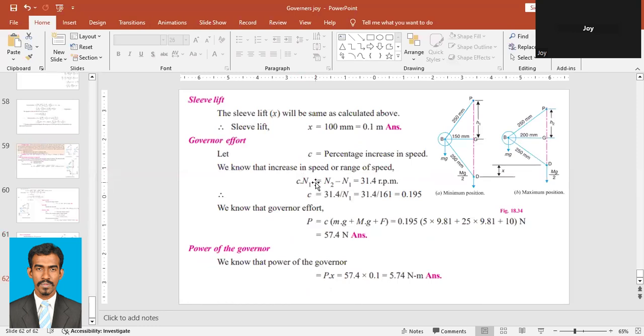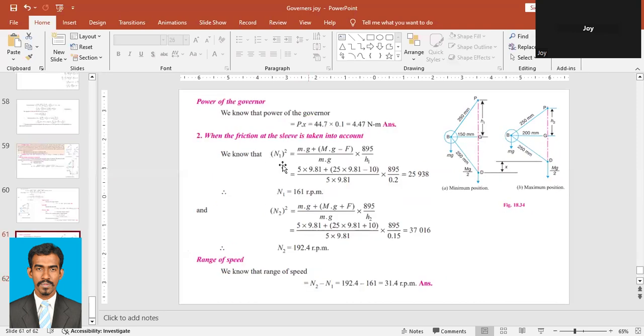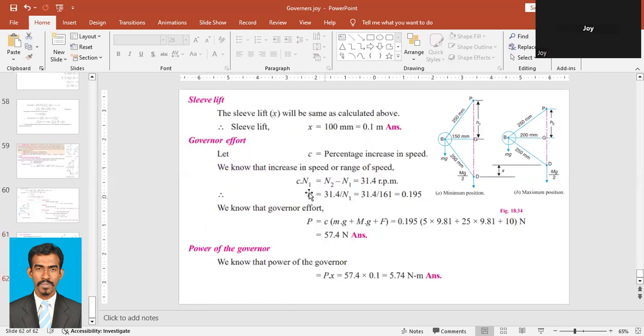So C into N1, that is 161, should be equal to 31.4. So C means 31.4 upon 161, which is equal to 0.195.